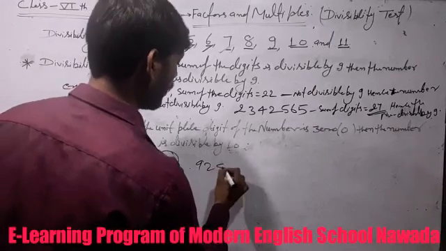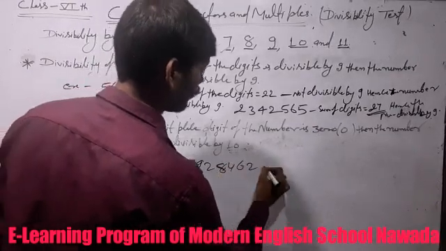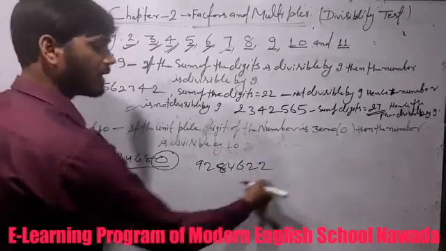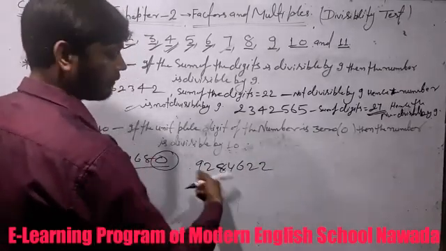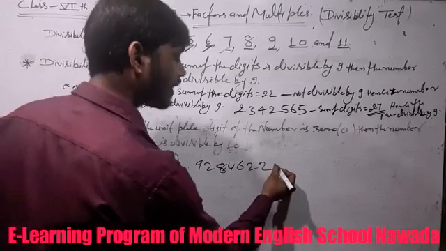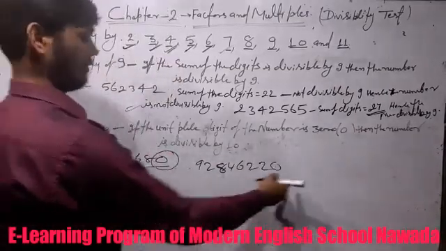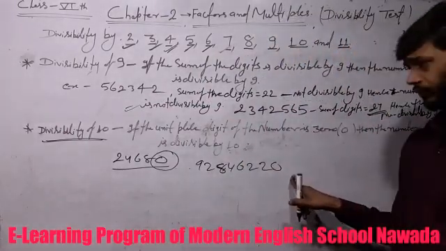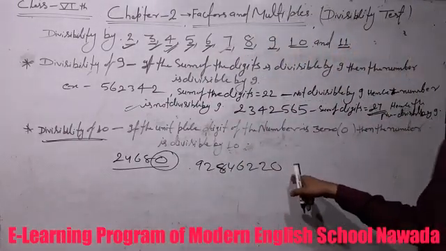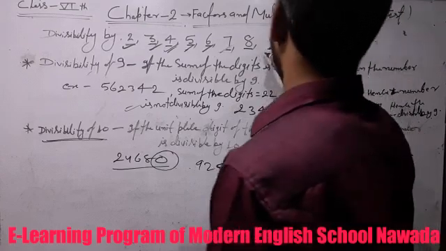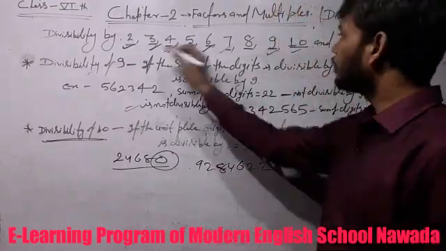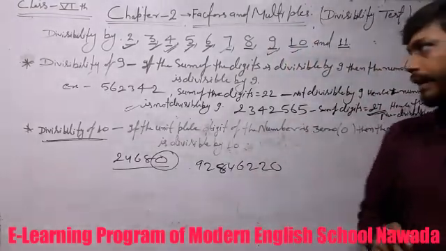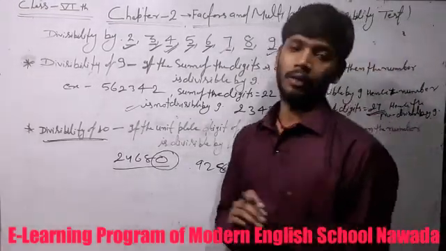Now 1, 9, 2, 8, 4, 6, 2, 2. Here, this number is not divisible by 10. But if its last digit is 0, then this number is divisible by 10. I think you have understood divisibility up to 10, and now we will discuss divisibility of 11.